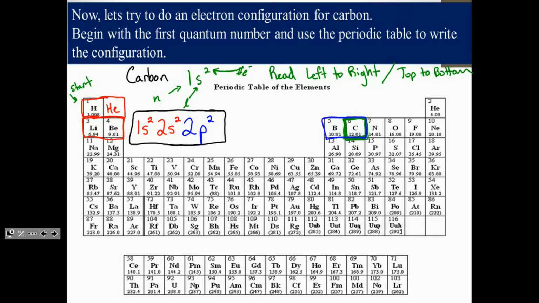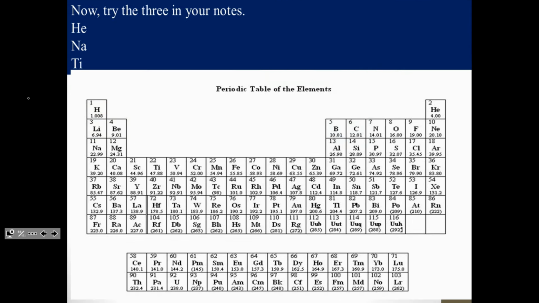Okay, let's go ahead and do some more examples. Let's try these 3. I want helium, which is here for electron configuration's sake. I want sodium, and I want titanium. So these are the three that I want to get. Let's do helium. Helium is 1s2, and that's it.